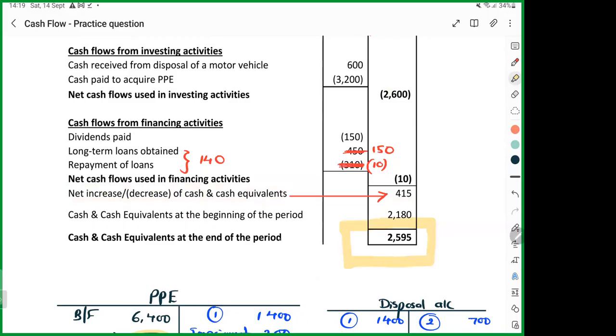That is cash and cash equivalents at the end.